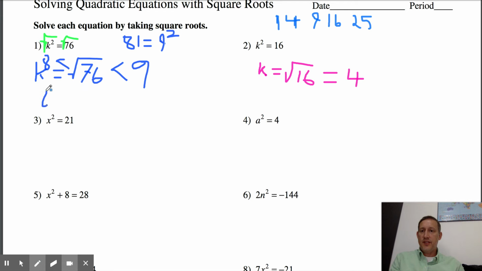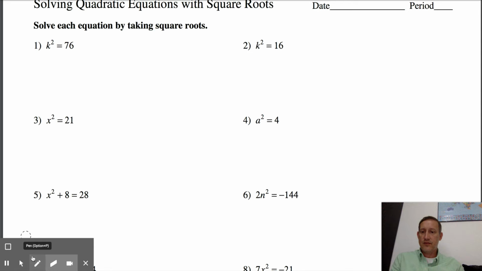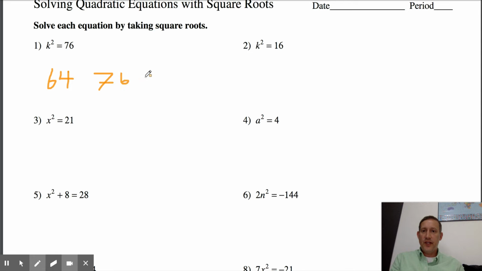So we have 64, and then we have 76, and then we have 81.